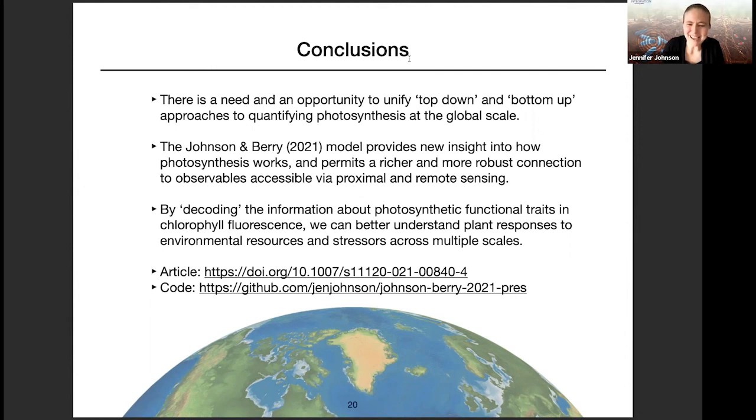That's a fantastic question. Because I'm a terrestrial person, I've been talking about global photosynthesis, and I meant global terrestrial photosynthesis. But chlorophyll fluorescence can be measured over the oceans.